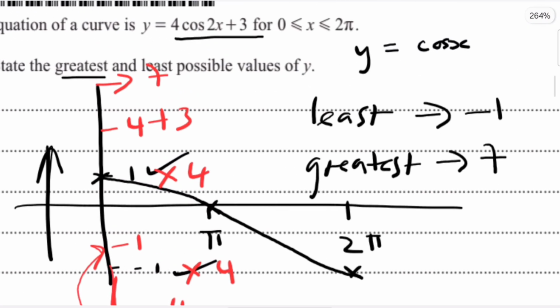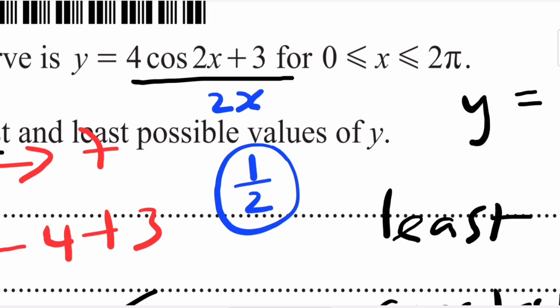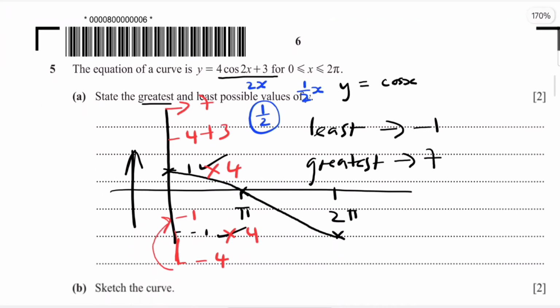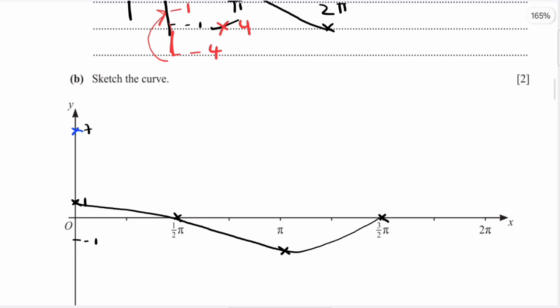Then for the x values, it's cos 2x, and if we have 2x like that, we know that there was a stretch of factor 1 over 2 in the x direction. If it's 2x, the factor is half. If it's half x, the factor is 2. So it's like us dividing all the x values by 2.